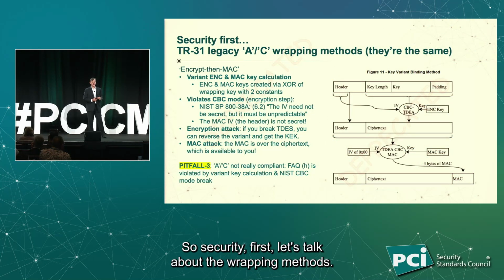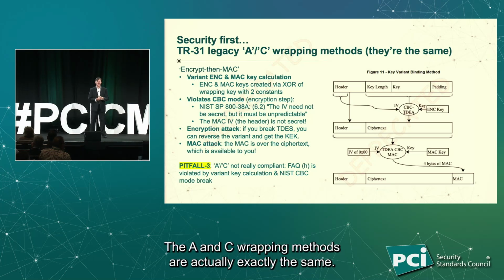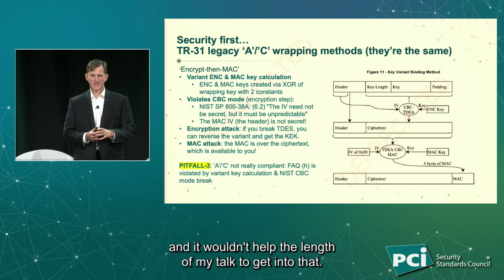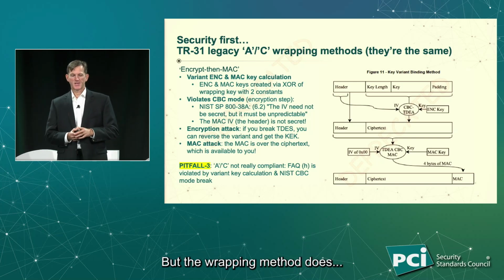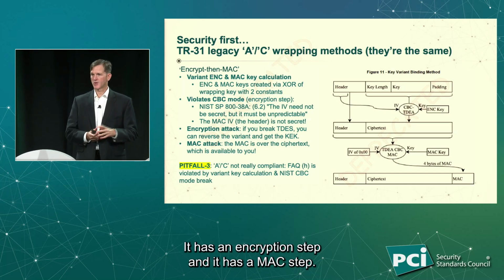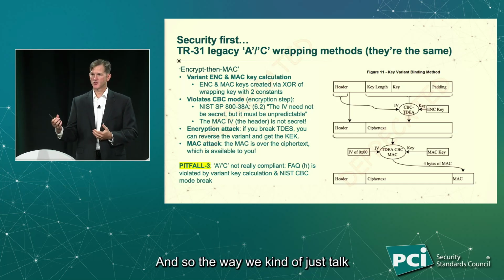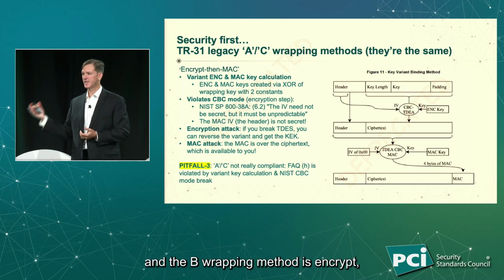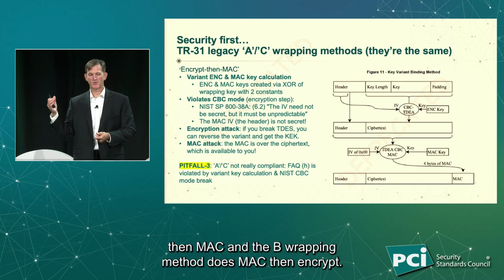So security first, let's talk about the wrapping methods. The A and C wrapping methods are actually exactly the same. The reason that the C wrapping method was introduced is just purely historical, and it wouldn't help the length of my talk to get into that. But the wrapping method has an encryption step and it has a MAC step. And so the way we talk about the difference between the A wrapping method and the B wrapping method is that A is encrypt then MAC, and the B wrapping method does MAC then encrypt.